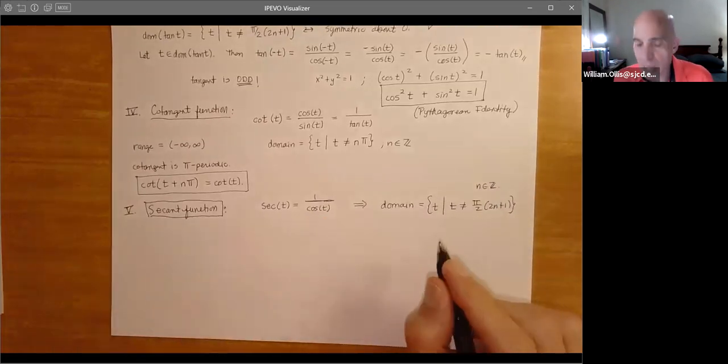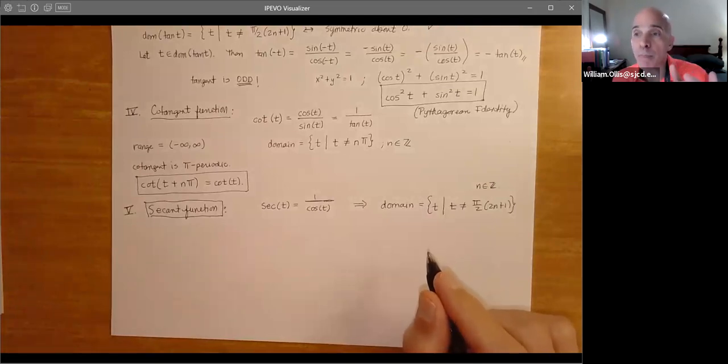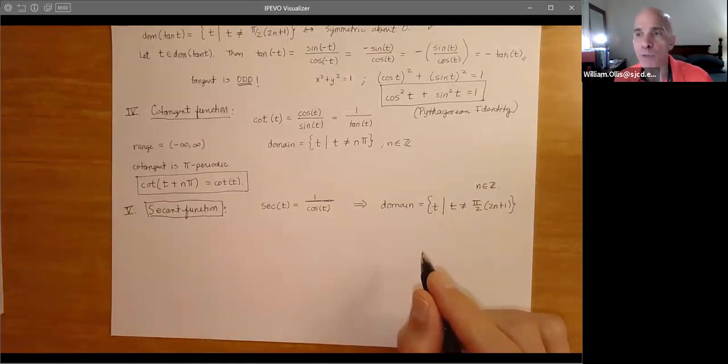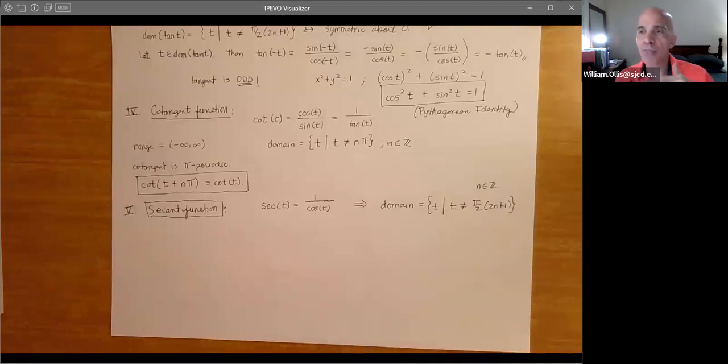Now, the secant function is very interesting. We know the maximum of cosine is 1, the minimum is -1. And so when you reciprocate numbers between -1 and 1, they go beyond that interval. 1 stays 1, -1 stays -1, but 1/2 becomes 2. 2/5 becomes 5/2. So all of the numbers in the open interval move outside.